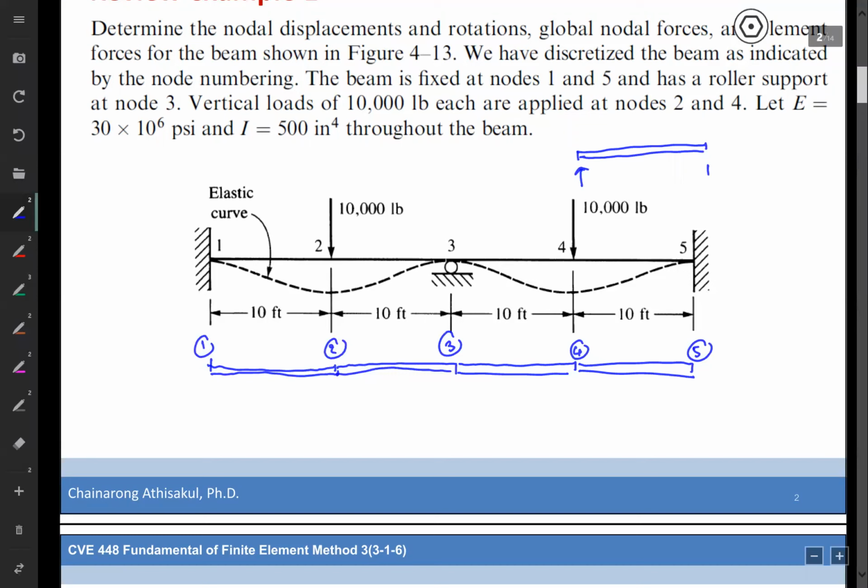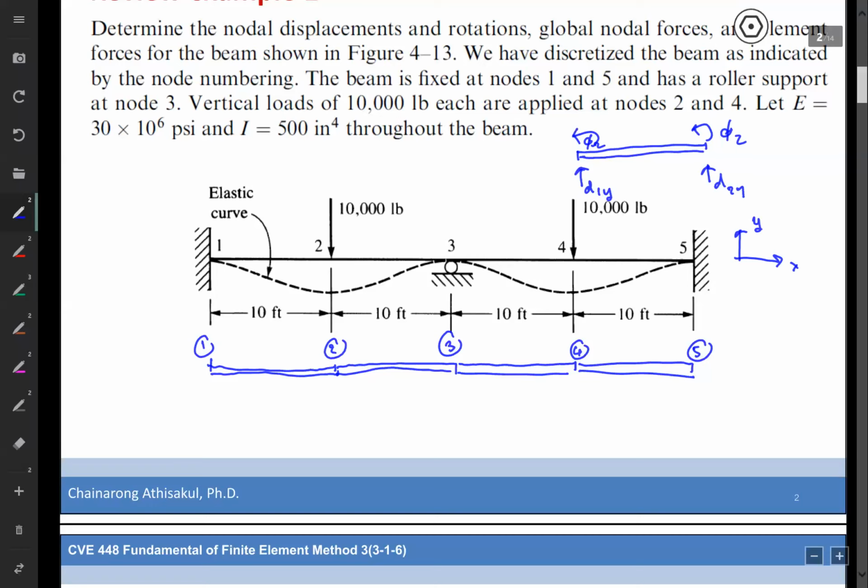Displacement is positive upward, and angle is positive counterclockwise. The same applies to the nodal forces, that is F1y, F2y, M1 and M2, in the same direction. And for this case, the global and local coordinates are in the same direction.